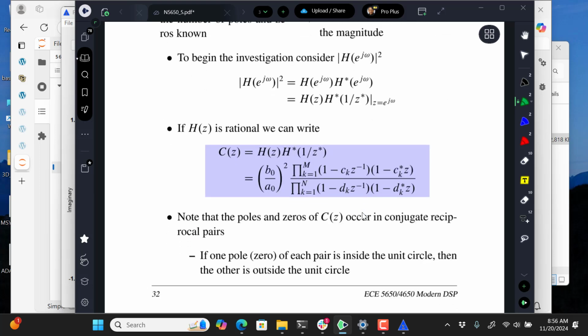So getting into this statement and trying to understand the relationship between the poles and zeros, it starts by saying, let's look at the magnitude squared response of H of e to the j omega. But before we do that, let's back up and consider that before we make the substitution z equal to e to the j omega, we can look at it in the z domain, and that would be H of z times H conjugate of 1 over z conjugate.